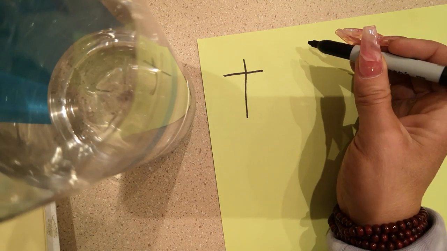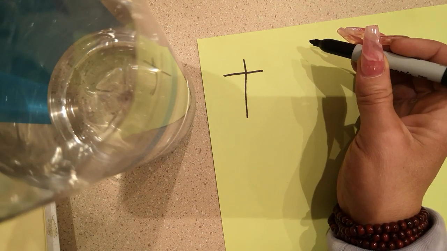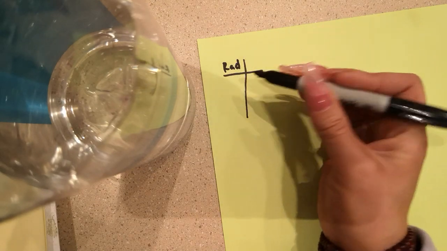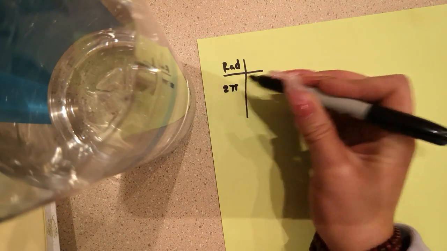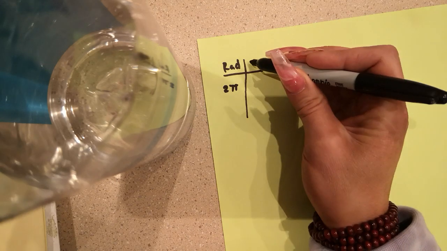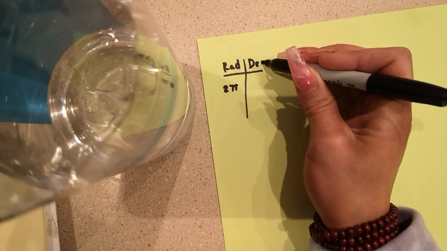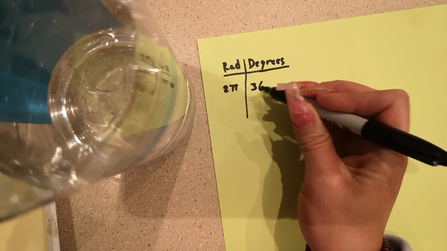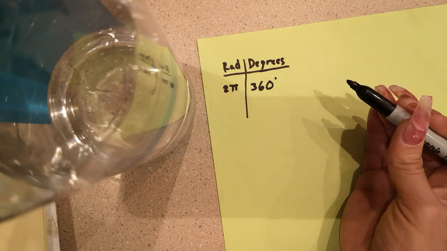So far, we have been working with radians. Now we'd like to know how to convert to degrees. We know if we go all the way around the unit circle, that corresponds with 2 pi radians. We know a full circle corresponds as well with 360 degrees.